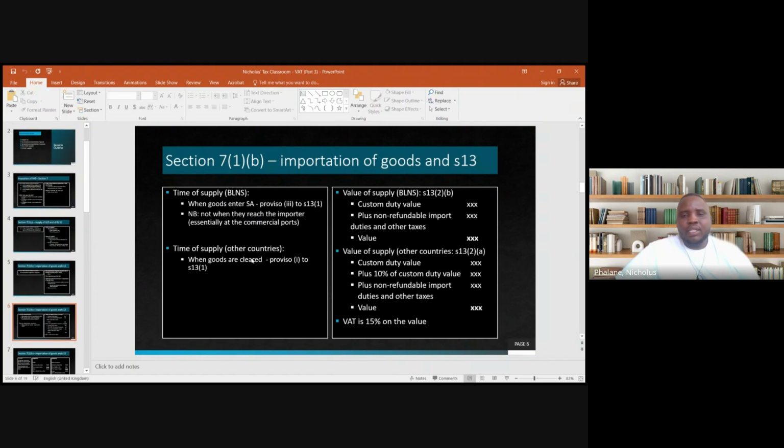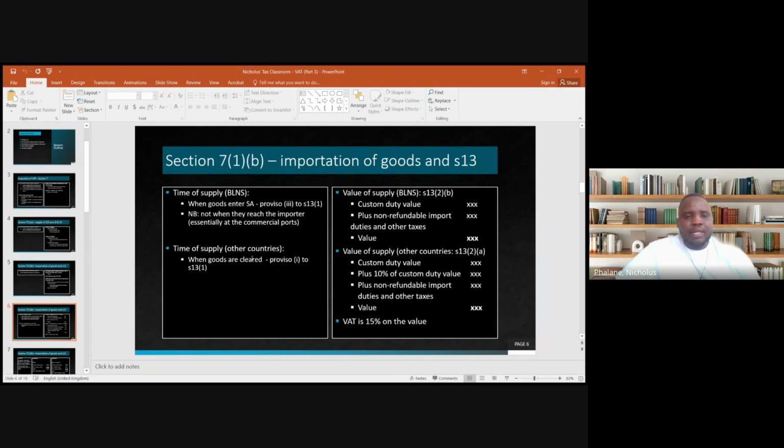So let's look at the details now. What is the time of supply when we're looking at BLNS? The time of supply is when the goods enter SA. This is the proviso, Roman figure 3 to section 13.1.